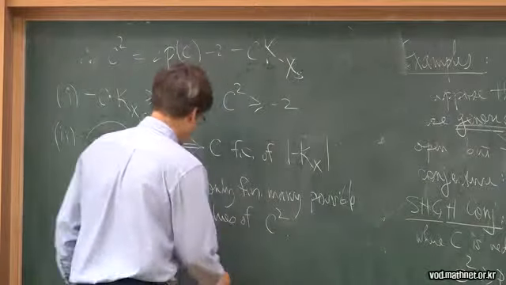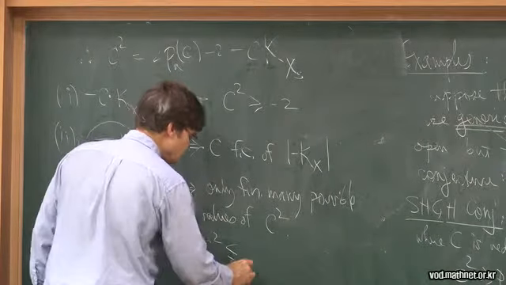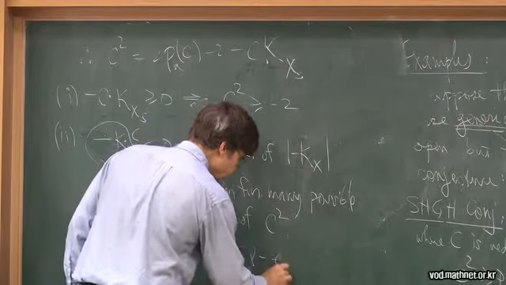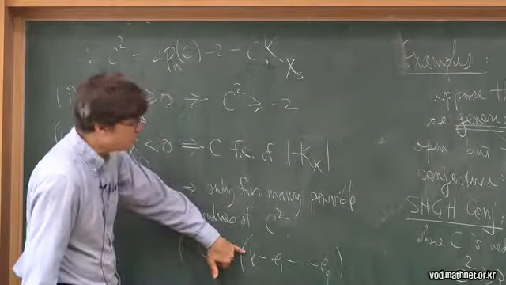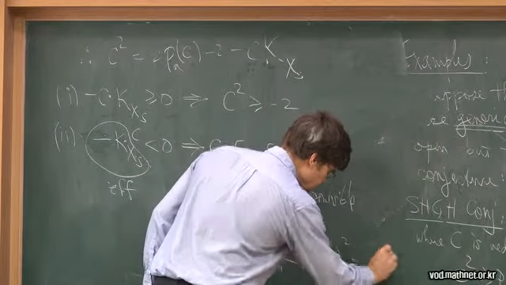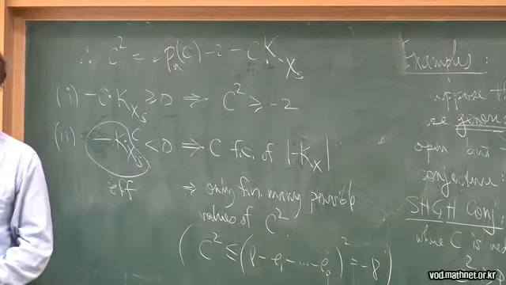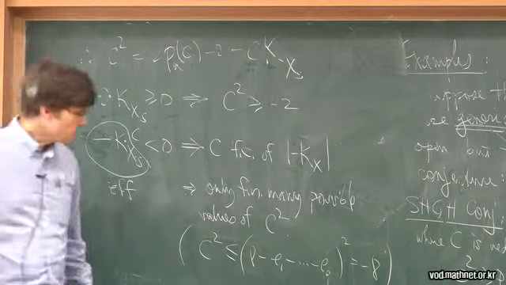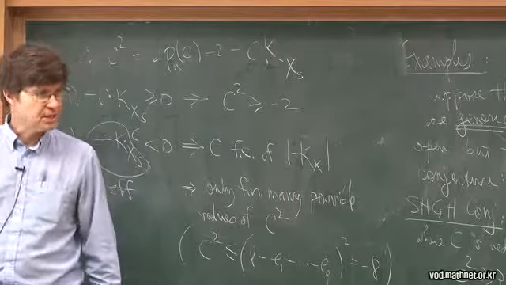So, in fact, C squared is less than or equal to what happens if you take the line through 9 points, and so that's negative 8. It can't be less than negative 8. It might not be negative 8 because not every surface will have a line through the 9 points.